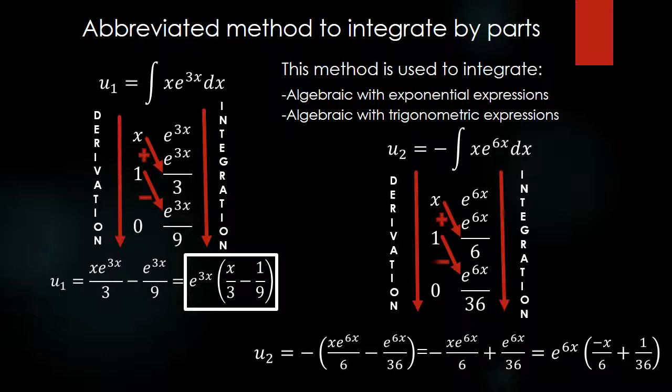We change the signs in the second step, and then we factorize the results, and we obtain e to the 6x multiplied by minus x over 6 plus 1 over 36.